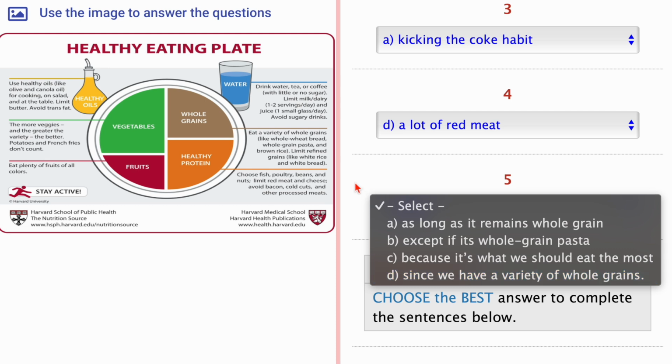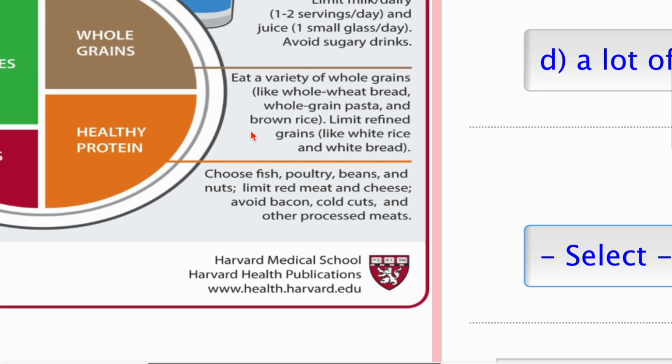What does it say over here? Eat a variety of whole grains, like whole wheat bread, whole grain pasta, and brown rice. Limit refined grains, like white rice and white bread. Okay.